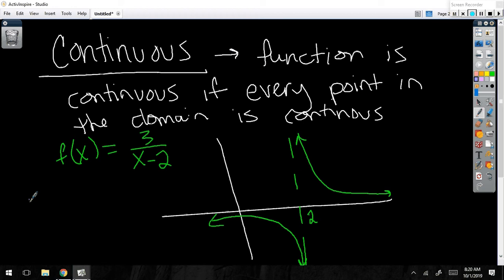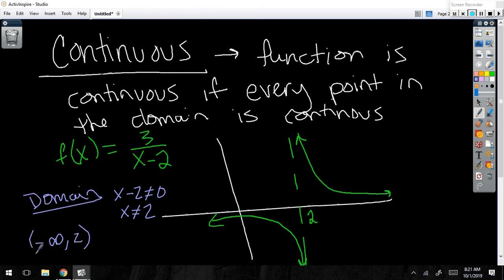You see a fraction there. Tell me about the domain. It can't have 0 in the bottom. What can't be in the domain? 2. x minus 2 can't be 0, which means that x can't be 2, which means my domain is negative infinity to 2 and 2 to infinity.